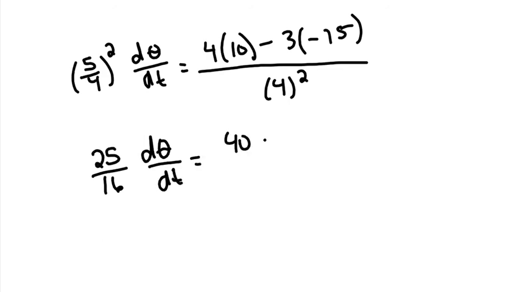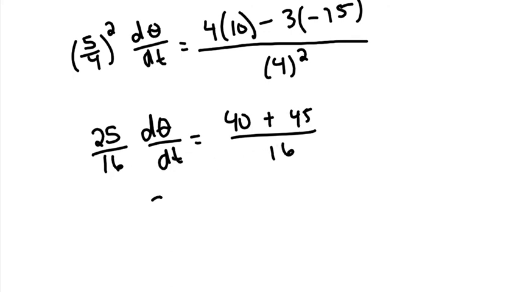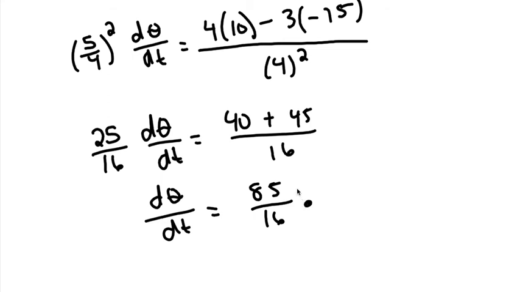So we got 40 plus 45 over 16. I'm going to multiply by the reciprocal in this process here. So d theta dt, right side, I get an 85 over 16. Multiply by the reciprocal of this one here, so that's going to be 16 over 25, which kind of works out nice.